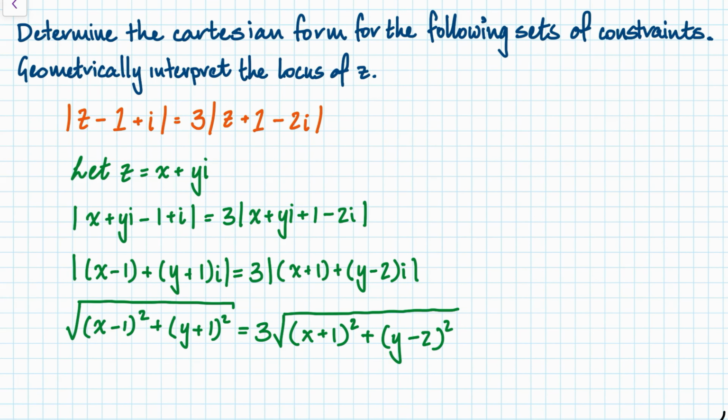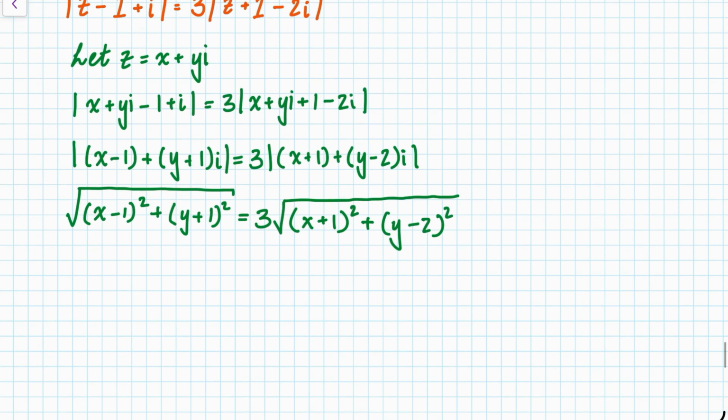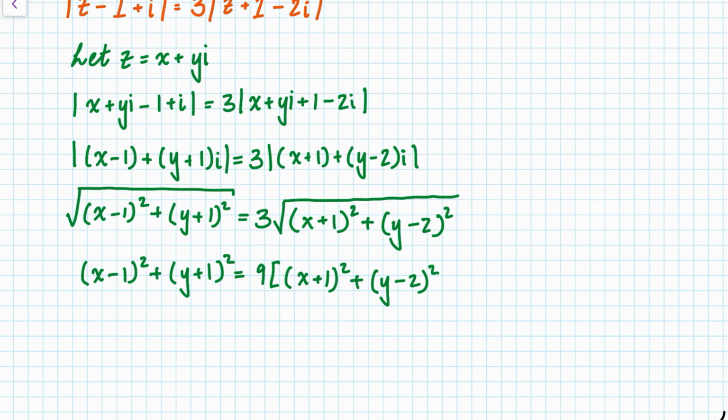Great. Now, in order to remove that square root, I'm going to square both sides and get x minus 1 squared plus y plus 1 squared is equal to 9 times x plus 1 squared plus y minus 2 squared. Fantastic. So our next point of call is to multiply out all of our brackets, and then we're going to be able to collect like terms across the equality.